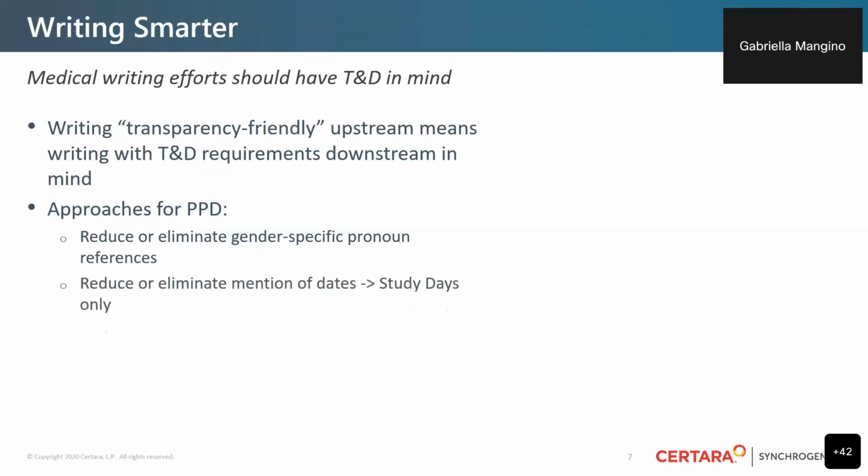We can also reduce or eliminate the mention of dates and only use study days. So we can still establish the same sort of temporal relationship between a study day, a dosing day, and the onset and resolution of an adverse event when we're just using study days and not using dates.